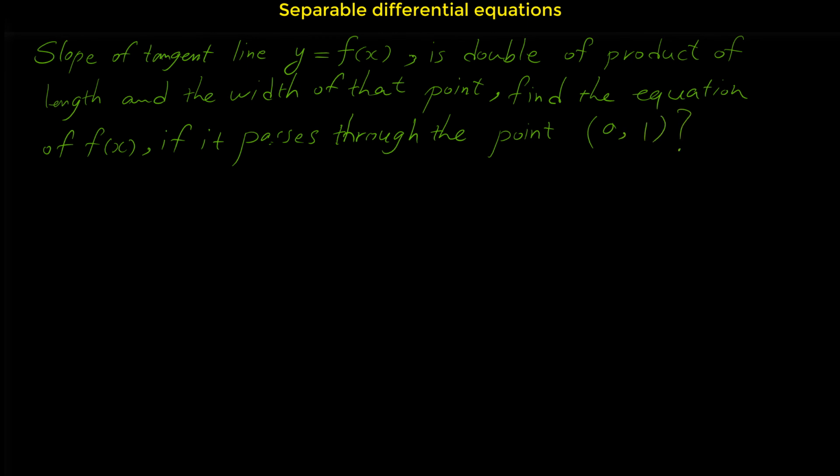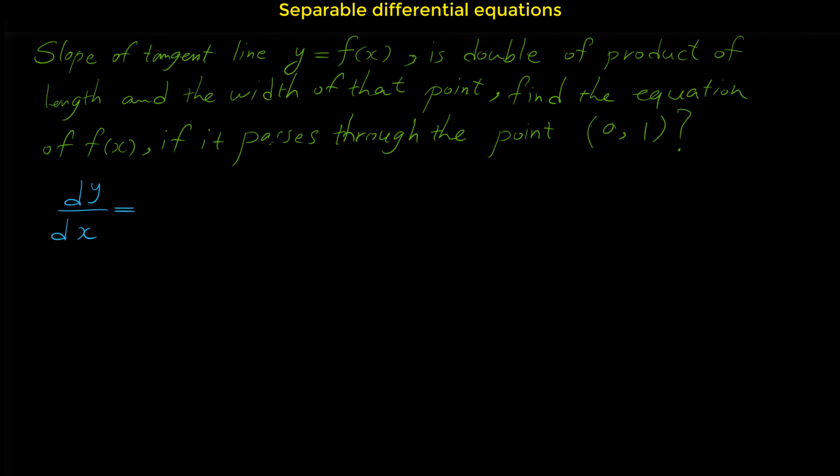The first step in this question is to find the differential equation. We know that the slope of the tangent line is y prime, or dy over dx. From calculus, we know that the slope of the tangent line is the derivative of the function, dy over dx.